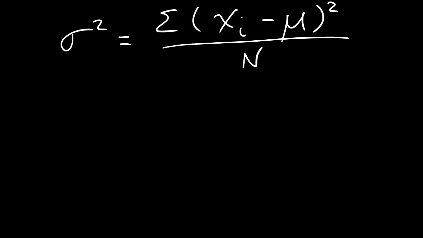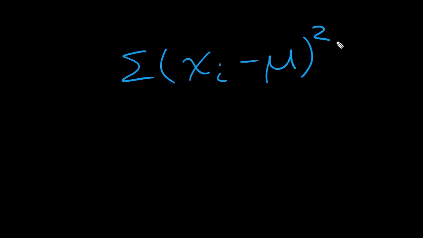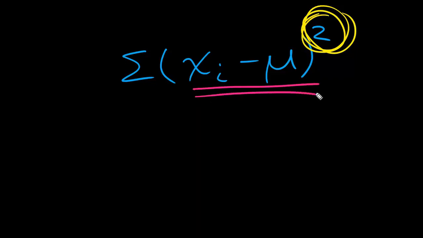In our numerator, we see that we're taking the deviation from the mean, xi minus mu, and then we're squaring that.